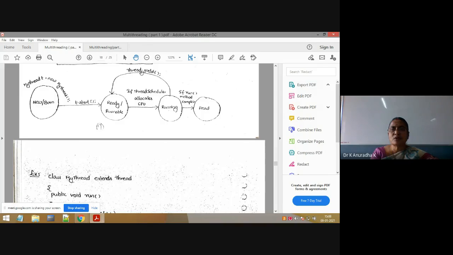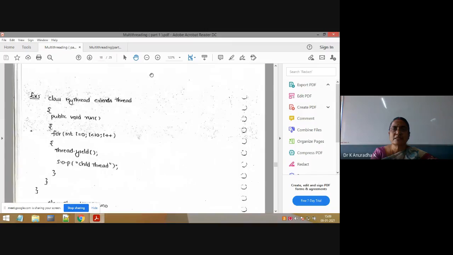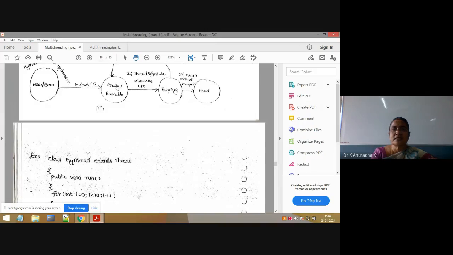So this is one more arrow we have to draw from the running state to the ready state using this method, Thread.yield. Already you know the life cycle with 4 states. For that only I am adding one more arrow, from this state to this state, using Thread.yield. Now we will explain the yield method in multi-threading: first explain theoretically, after that draw the diagram.